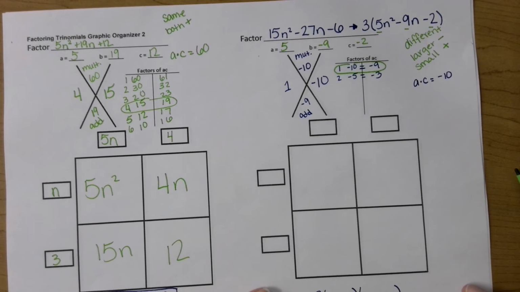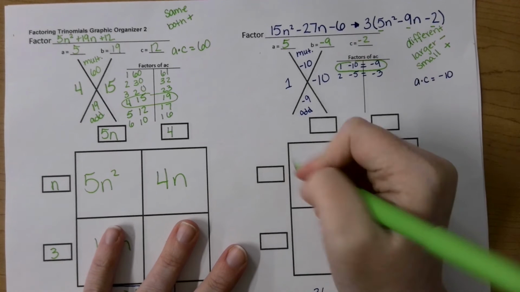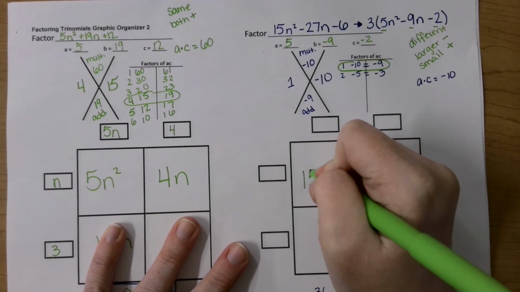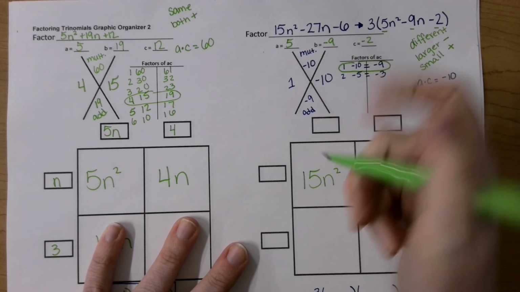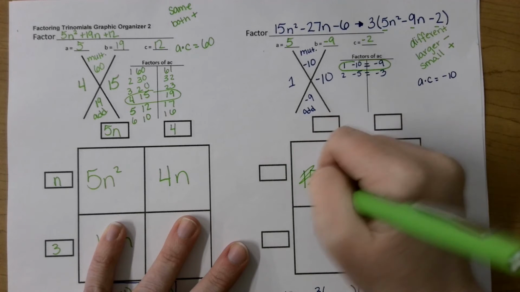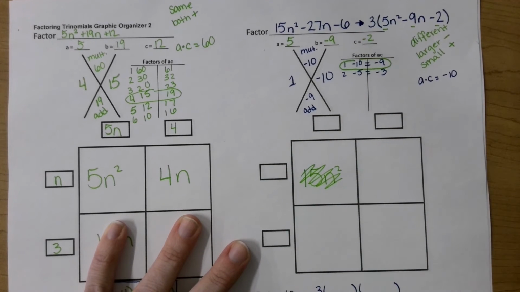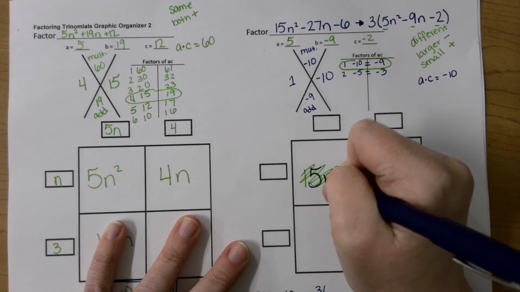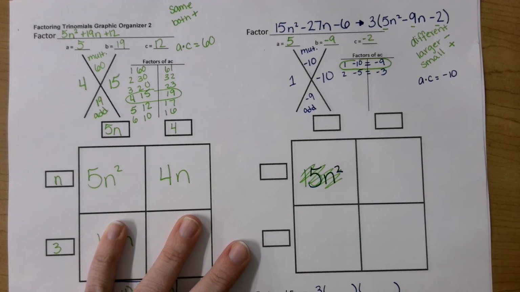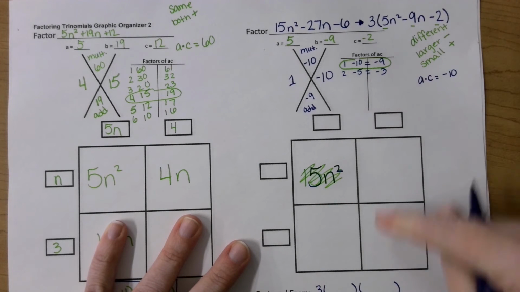Okay, so I have all the info I need. Now I'm just going to fill in my box. So first term of the polynomial goes here, so 15n squared from here. Ooh, I lied. We're using this one, sorry. So we're going to do 5n squared, and then we're going to use -2.